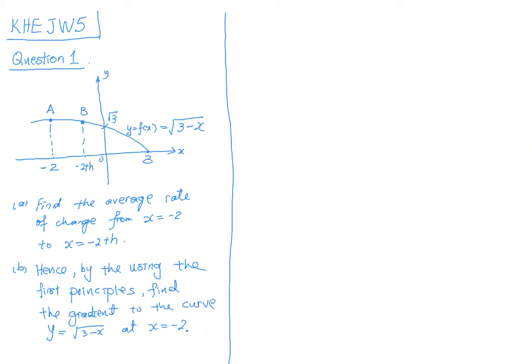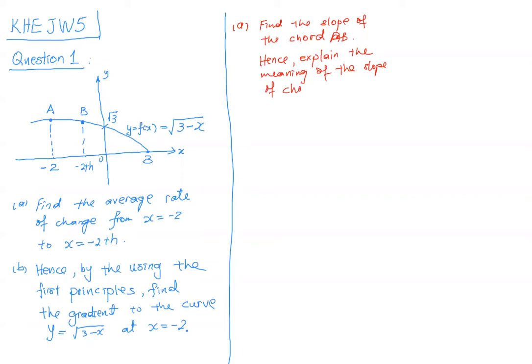So if I change this question, instead of find the average rate of change, I can also change this question to, then I can say hence, explain the meaning of the slope of the chord. Can I do like that?